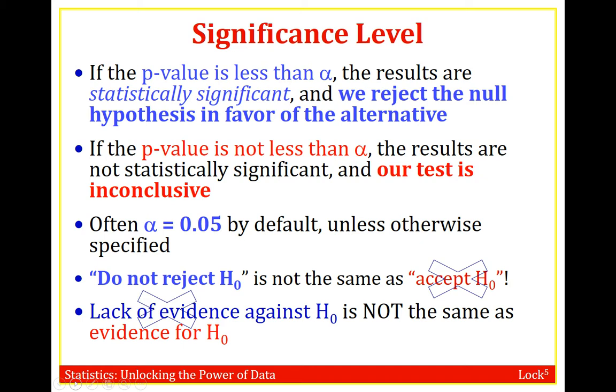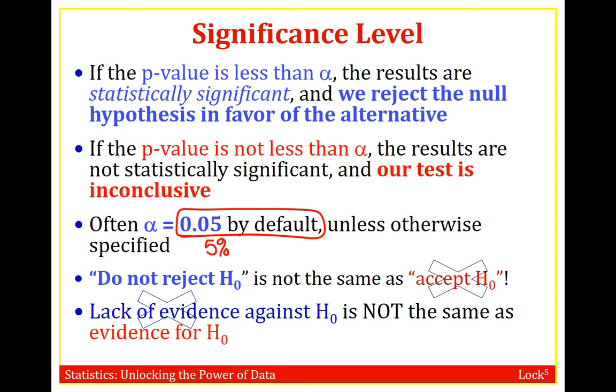Often the alpha level is 0.05 by default. 0.05, which is 5%, right? 5% alpha level, unless otherwise specified. So when we go to the tailing and we look for an alpha characterization, we say, okay, if I can get as extreme as this alpha level, if I can get into this 5% area, then I will be able to reject H0.